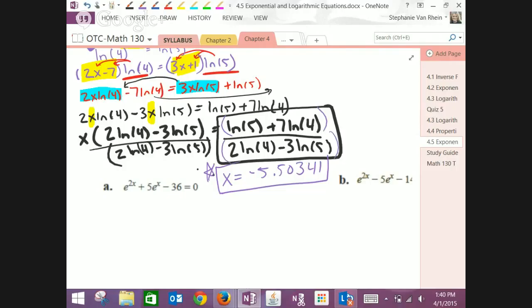So if I hit here, I'm going to insert, so all this is going to be in the numerator, divided by everything in the denominator. ln of 5 plus 7 ln of 4 divided by 2 ln of 4 minus 3 ln of 5.